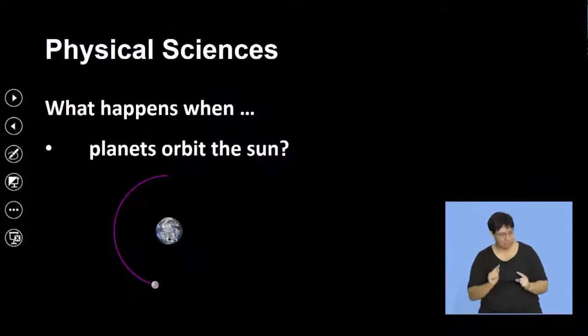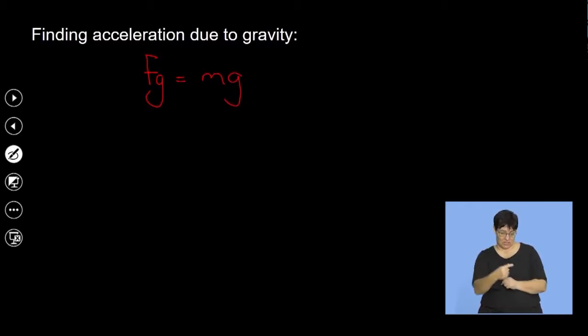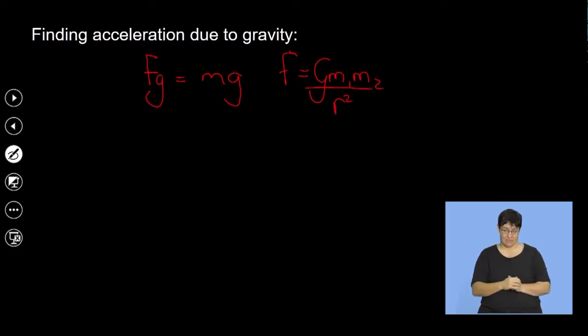So, quickly, acceleration due to gravity. We know Fg equals mg. We know that F equals G m1 m2 over r squared. m1 and m are the same thing. Fg and F are the same. It's the force of attraction between two objects.